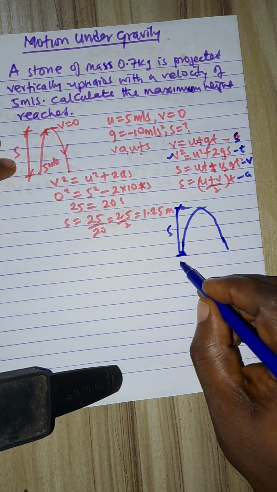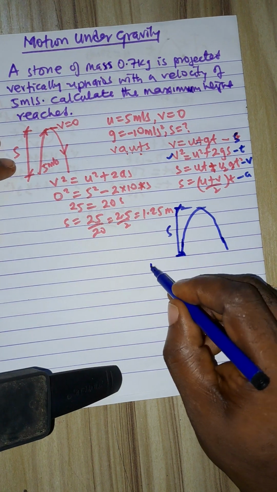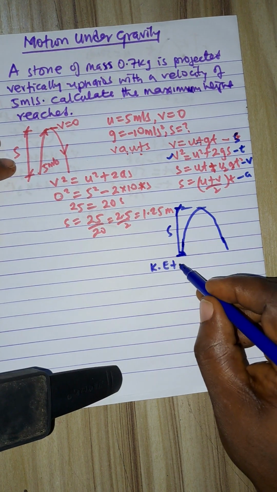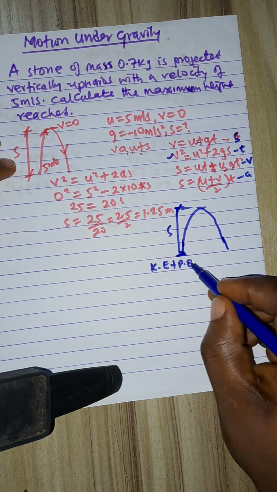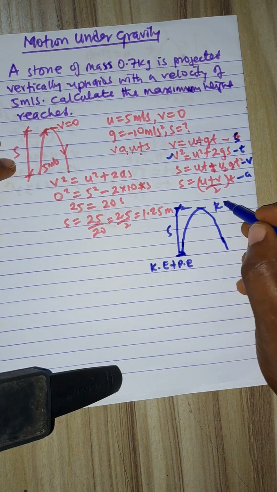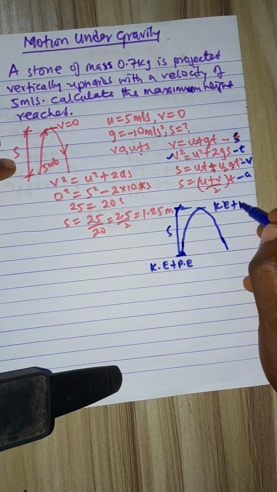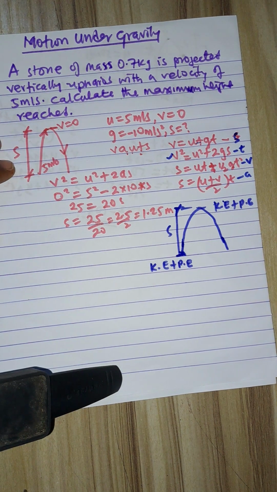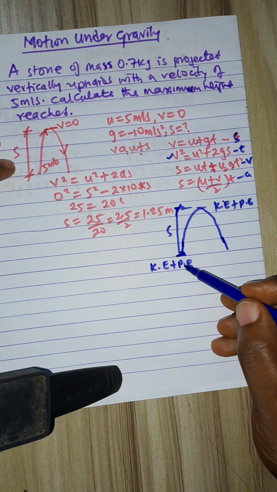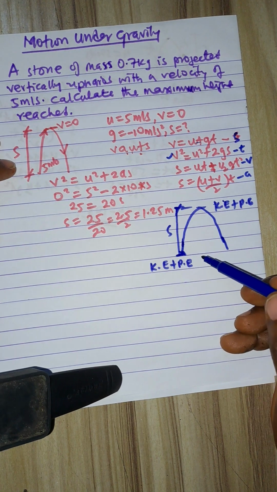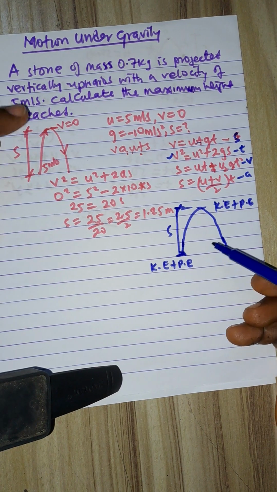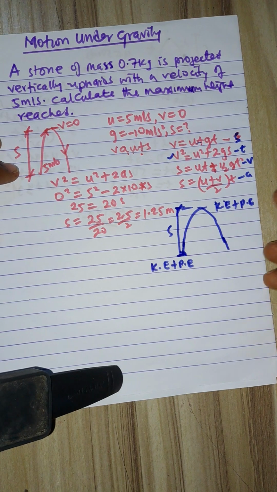On the ground, the mechanical energy is kinetic energy plus potential energy. At the maximum height, you have kinetic plus potential energy too, because energy is neither created nor destroyed. As one is increasing, the other is decreasing, but the total energy will be equal.